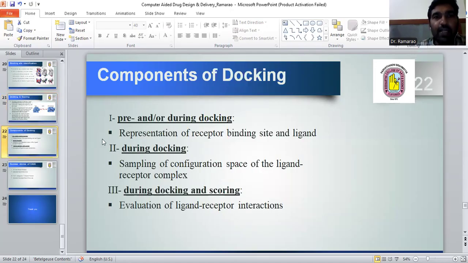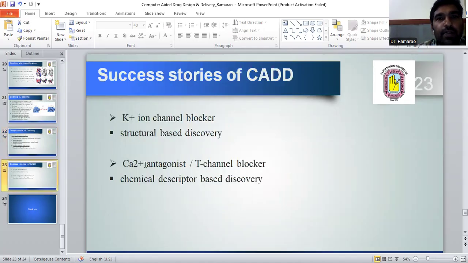The components of docking: first one, pre and during docking, representation of the receptor binding site and ligand. The second one is during docking, sampling of the configuration space of the ligand-receptor complex. Third one, during docking and scoring, evaluation of receptor interactions.